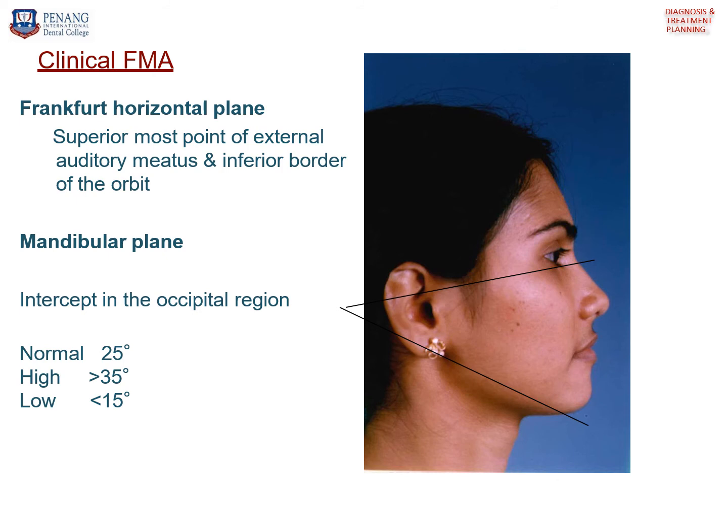If this angle is 25 degrees, that means it's normal. If it is more than 35 degrees, the angle is increased, that means the patient is a vertical grower, a high clinical FMA. And if it is lower than 15, that means the patient is a horizontal grower, a low clinical FMA.